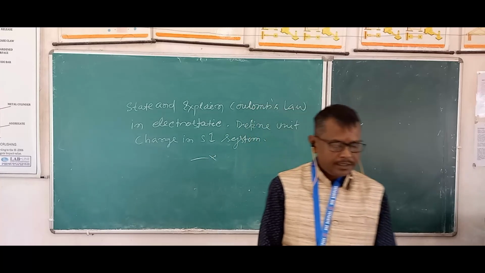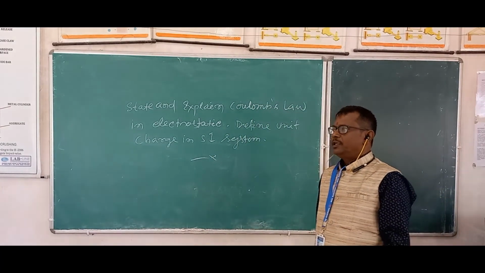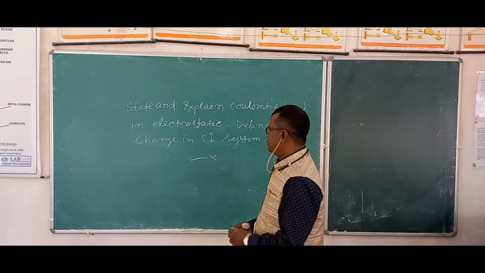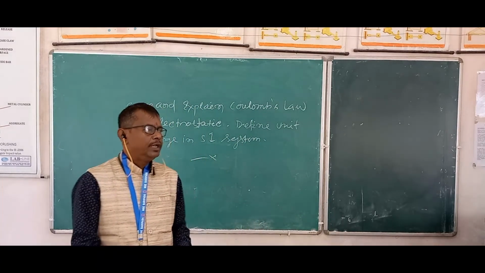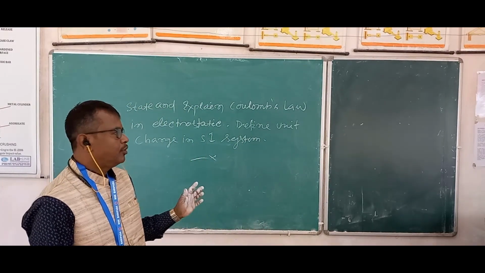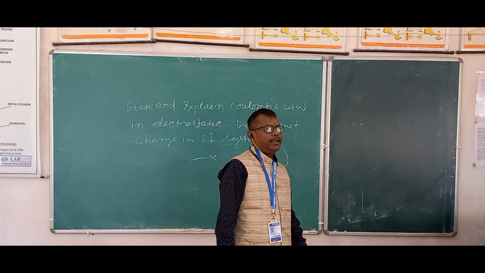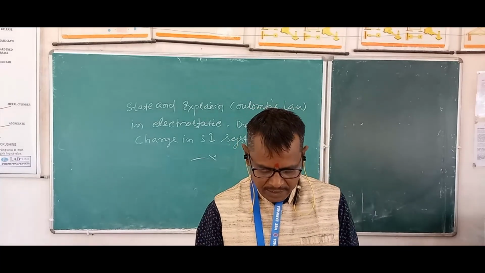Then next class we shall discuss the problems of electrostatics using the formula F is equal to 9 into 10 to the 9 Q1 Q2 by R square.